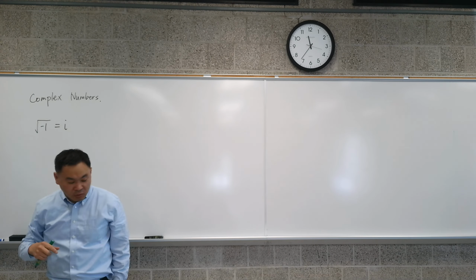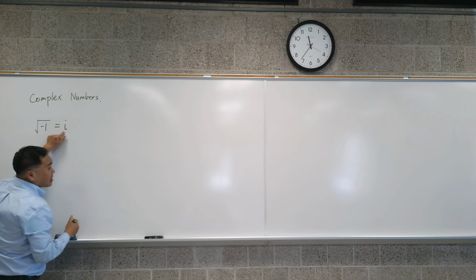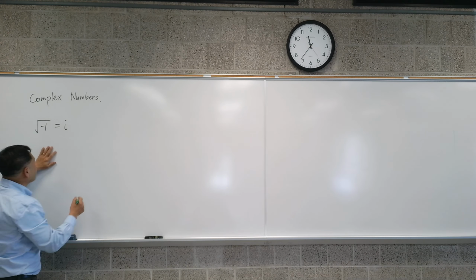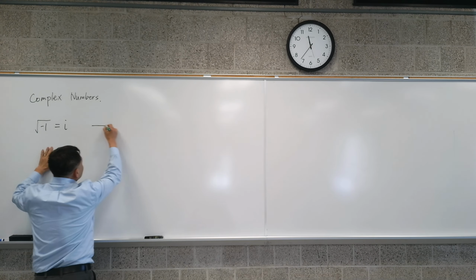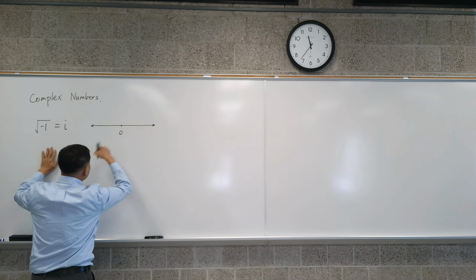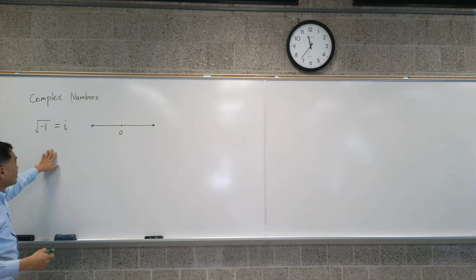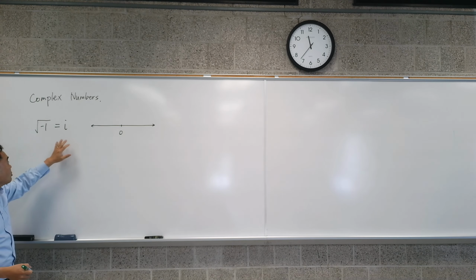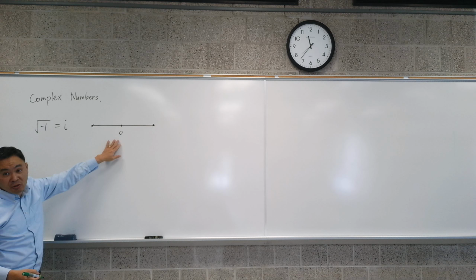So what I'm trying to say is that this does not belong on the number line. I mean, you can even prove it. So here's my argument of why i does not belong on the number line.